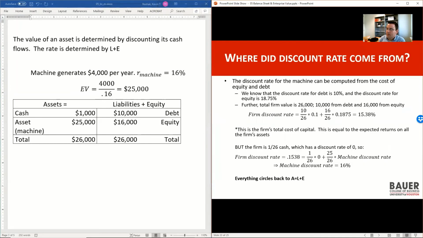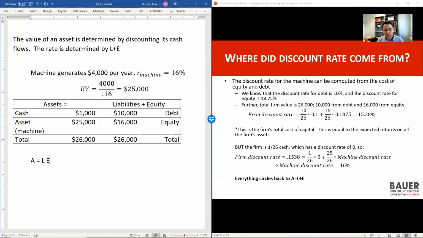So let's talk a little bit about where this discount rate came from. We said that it's determined by L plus E. It's going to be determined by the debt and the equity. There's kind of a lot of algebra going on the slide, so it's there for your benefit, but you don't have to look at it right now if it's too much text. The main idea goes back to the balance sheet identity.